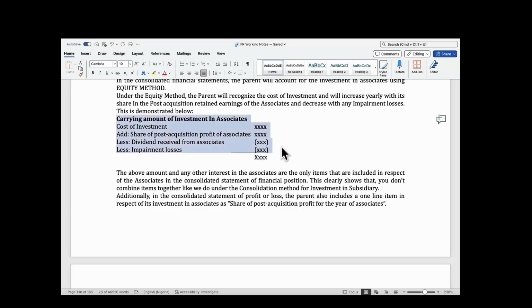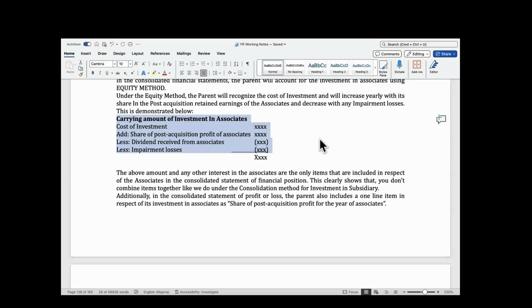Anytime you hear investment in associates and you are preparing consolidated financial statements, you apply equity method. And this is what we mean by equity method. You determine the carrying amount of the investments in associates by increasing your cost of investment with share of profit of the associate every year.